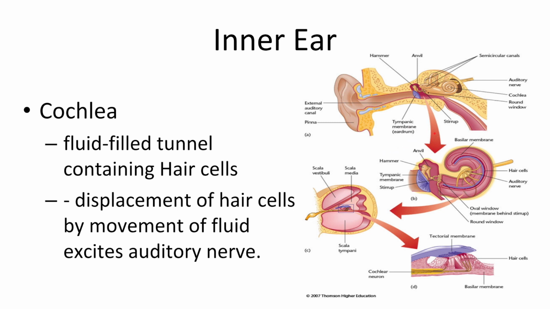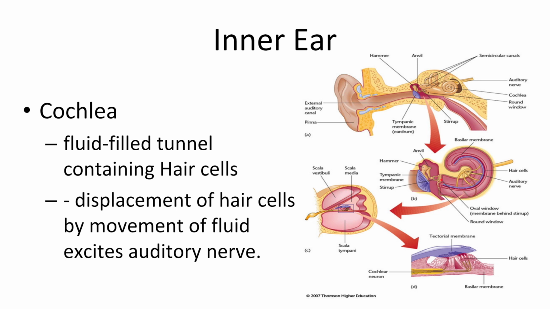Once we get to the inner ear, what we find is that the tympanic membrane, which has now caused these vibrations in the middle ear, vibrating then again this oval window, that this is where the fluid-filled tunnel of the cochlea causes stimulation of tiny little hair cells.